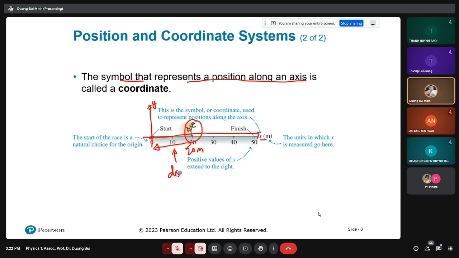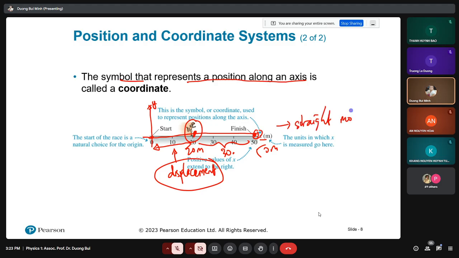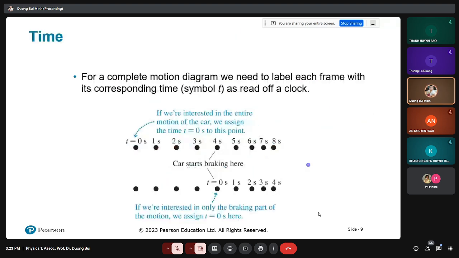Here is the displacement; later on, I will let you know the difference between displacement and distance. What is the displacement? 20 meters. And she will finish at this point, 50 meters. That means she has 30 meters left to get to this destination. So she follows straight motion.